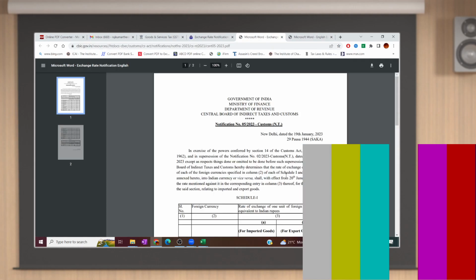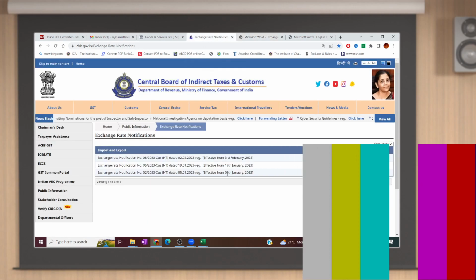So from 20th January, the rates given in this PDF have to be followed. That means between 20th and 3rd, this one. After 3rd, that one. Now another notification was there, 5th January. That means between the effective date given in that PDF and the next PDF, this rate has to be followed. So like that we have to observe which document is applicable. Is that clear, sir?